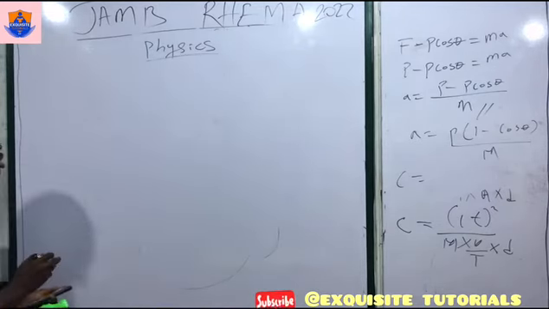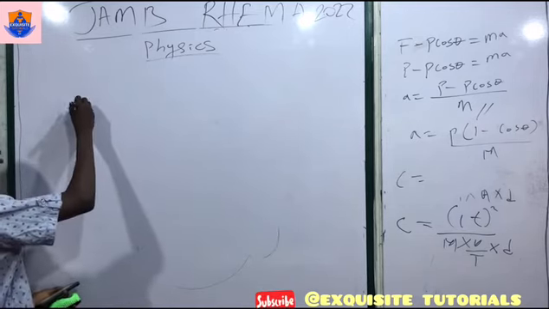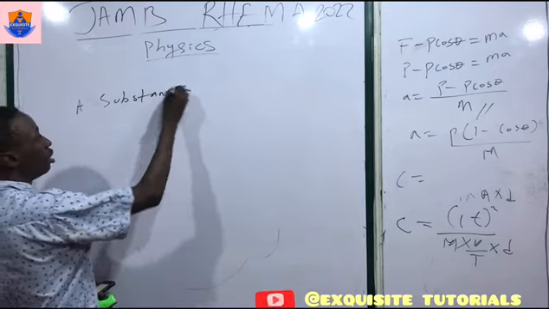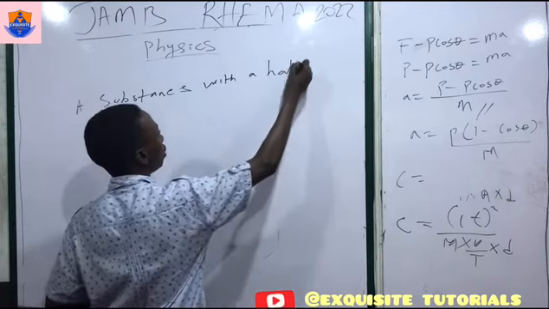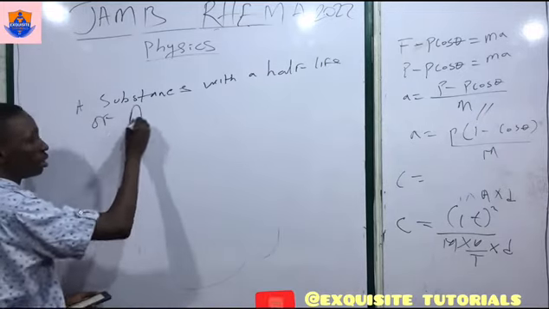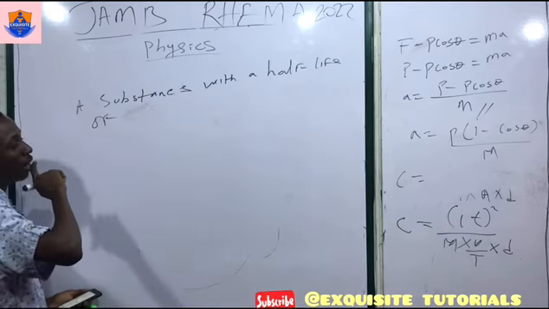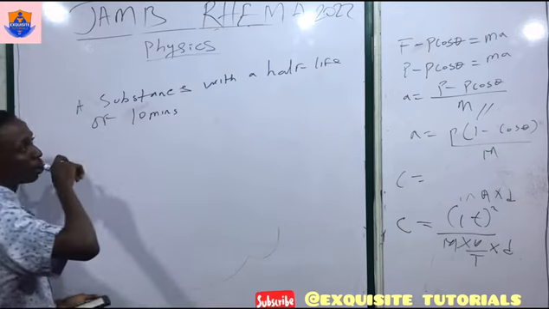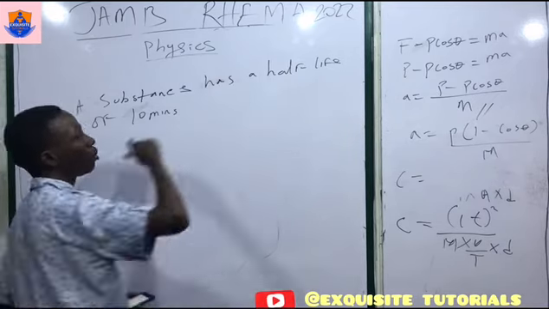It says, let's say a substance with a half-life of n. Sorry, let me give you the actual value of the half-life. Let's say a substance with a half-life of 10 minutes. The substance has a half-life of 10 minutes.